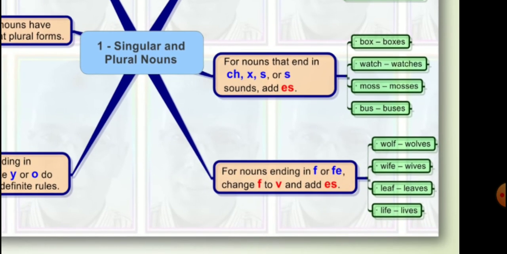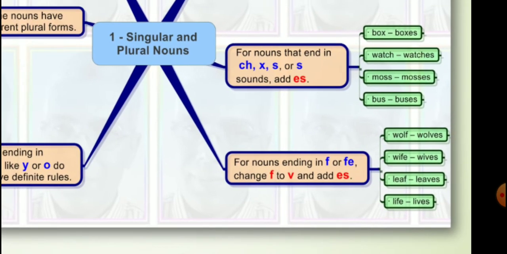Third rule: if the noun ends with f or fe, then we normally add ves as a suffix. For example, wolf. It ends with the letter f. So here we add ves, wolves. Wife. It ends with fe.